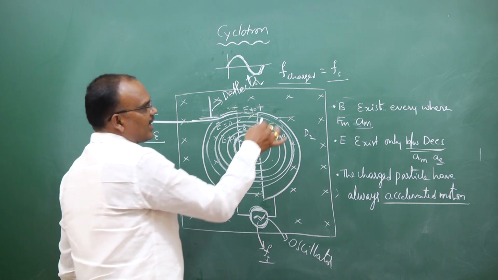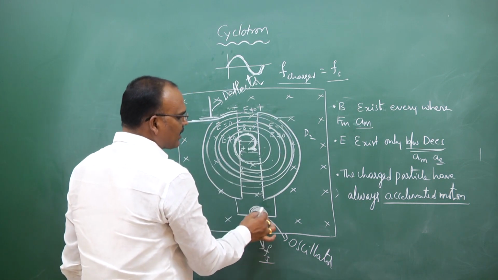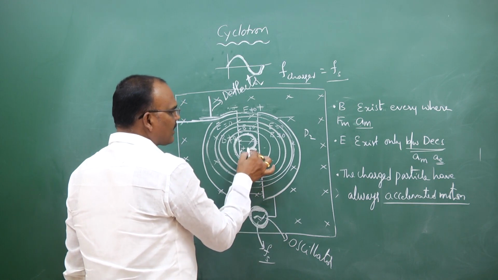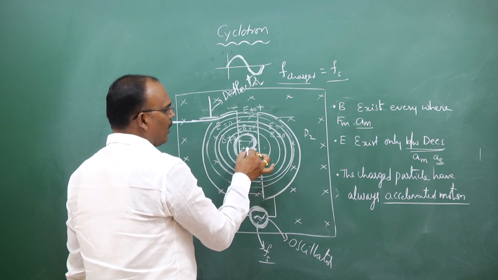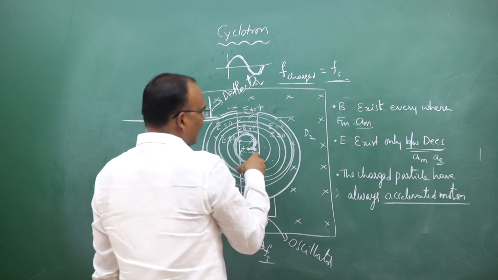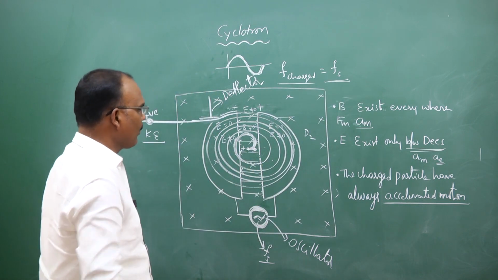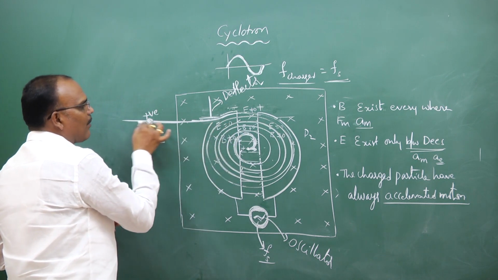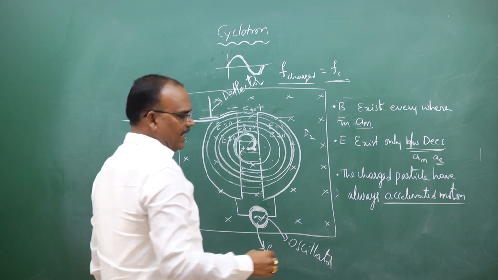So, the condition is we have to adjust the frequency of the oscillator. Frequency of oscillator is equal to frequency of the revolving ion or frequency of the revolving charged particle. Then we will say cyclotron is in resonance. Okay. Now, with what energy it is coming out, that we should calculate.